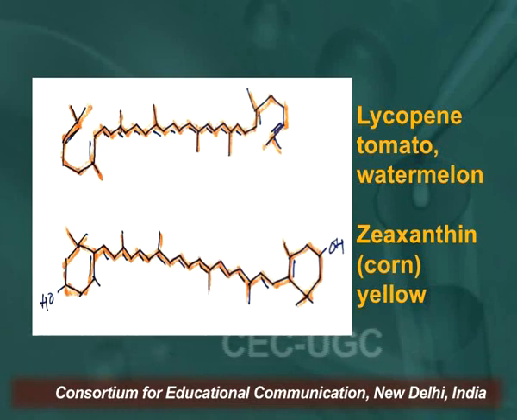Similarly, another carotenoid is present in corn, and we can see the yellow color of corn due to the presence of xanthin. So xanthin is another carotenoid, and all these carotenoids contain 8 isoprene units. They are also terpenes, but they are tetraterpenes.